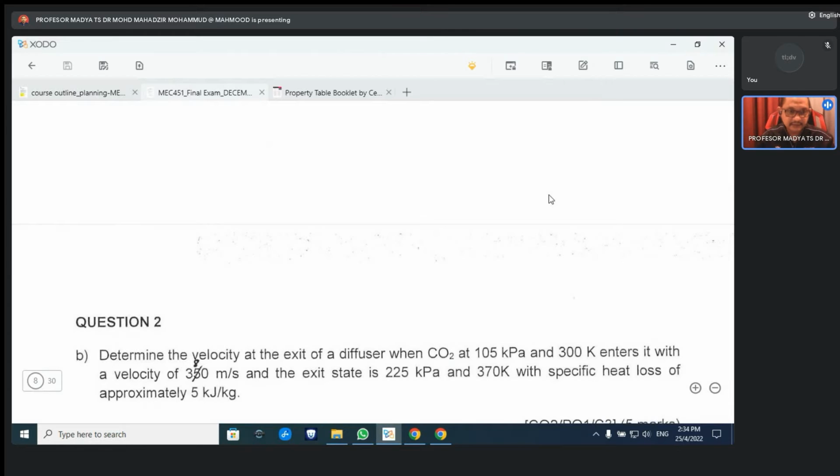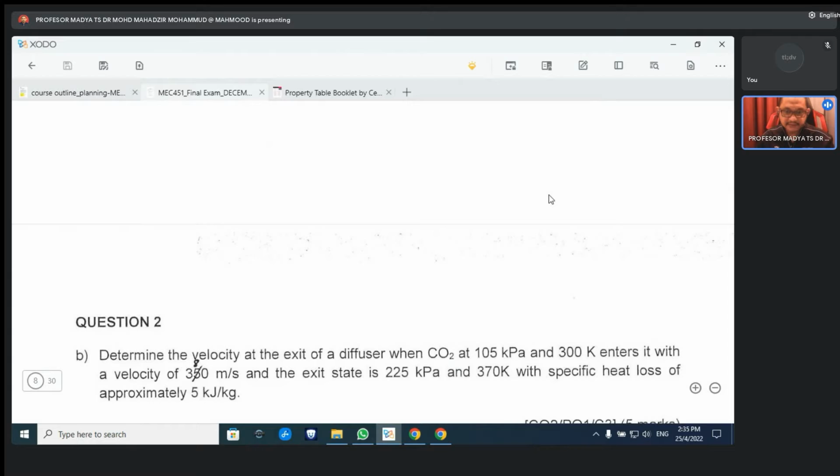As you see in the question, it said: determine the velocity at the exit of the diffuser when CO2 at 105 kilopascal and 300 kelvins enters it with a velocity of 380 meter per second, and the exit state is 225 kilopascal and 370 Kelvin with specific heat loss of approximately 5 kilojoule per kilogram.